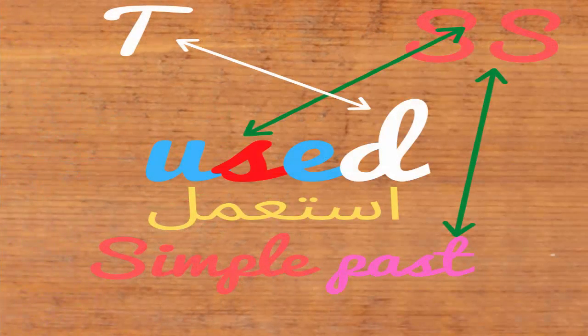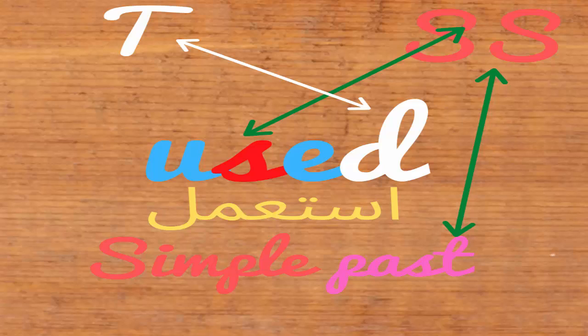Now concerning the past, the verb to use becomes used, with D at the end of the verb. And this verb to use is regular, so it takes only D from I till they. But the pronunciation here is changed.